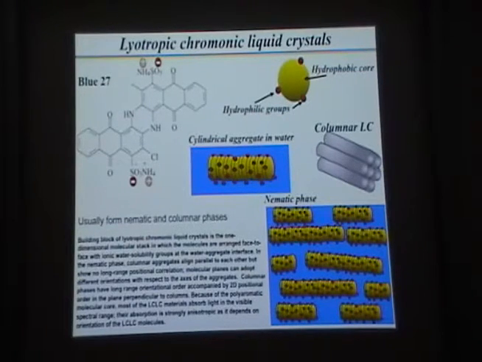And so what happens in this case is that you produce stacks of those molecules. They self-assemble, right? You don't have to do anything, just mix the two. The molecules like this and water, for example.